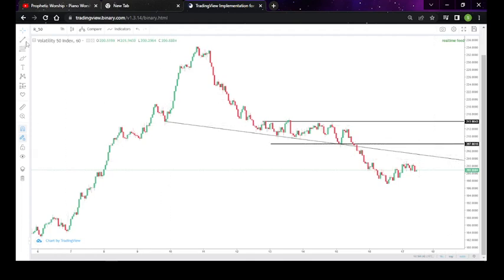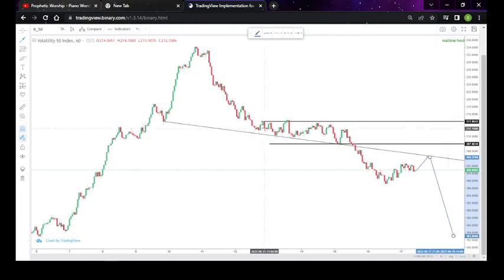So what I'm going to wait for is a bounce at this one, and then our market continues in the downward movement. This is what we are expecting, but this one is not a good setup. This is one of the bad setups I need to show you guys. Whenever you are dealing with the markets, be patient.